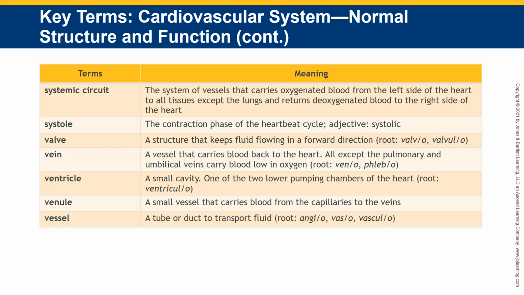The systemic circuit, systemic means body-wide. So a systemic circuit is everything from the heart, bringing all the blood out to the tissues in your body, bringing the deoxygenated blood back, and sending it back out to the lungs to pick up some oxygen, bring it back, and recycle. So the systemic circuit is everything that goes all the way around.